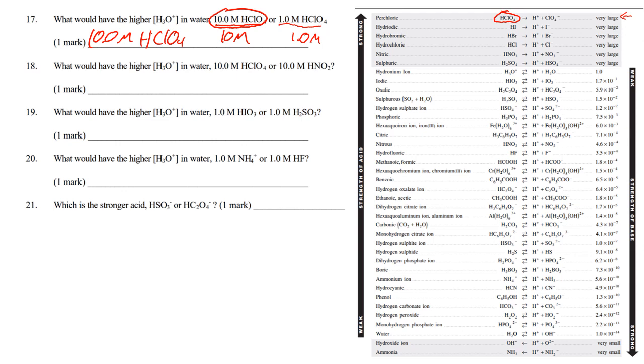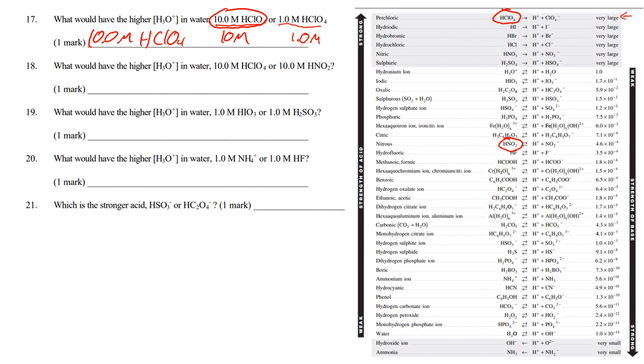Number 18, what would have the higher H3O concentration in water? 10 molar HClO4, and again, HClO4, I don't know why I erased it, it is right there. And then HNO2 is way down there, nitrous acid.